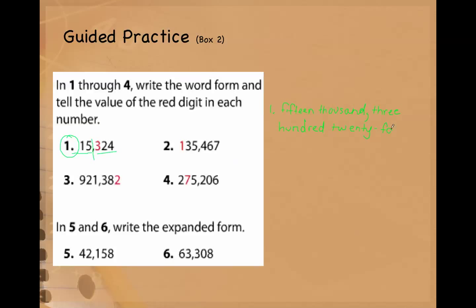And that's how you write the number in word form. Now let's show the value of the 3. It's a 3 in the hundreds place, so the 3 is worth 300.